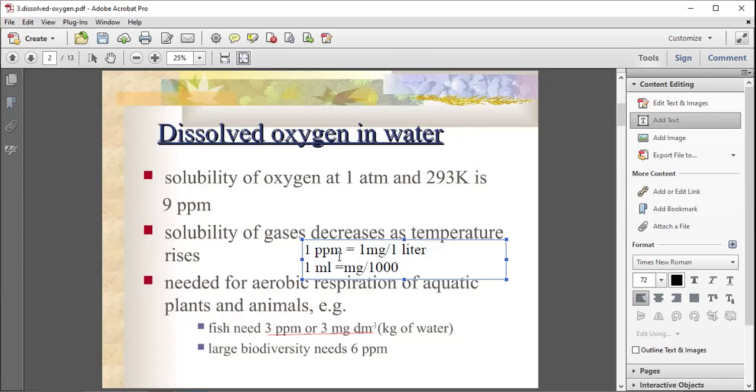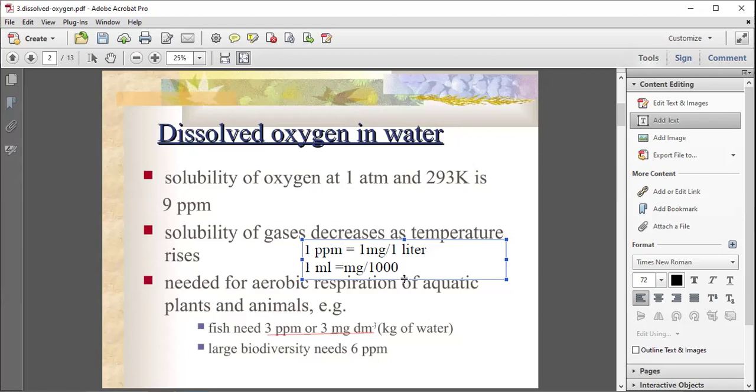So, this is the volume. 1 milligram is equal to, from this calculation, 1000 milliliter.